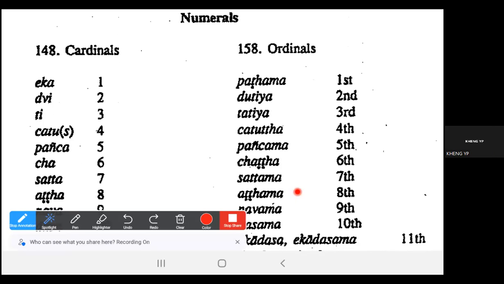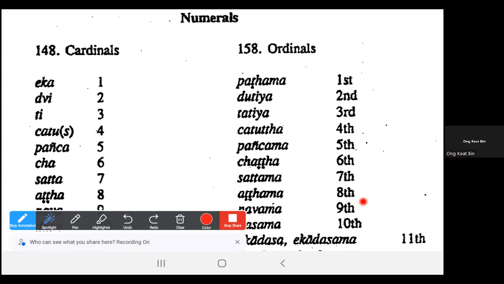Dhammam saranam gacchami. Number 6. Paṭhamampi Dhammam saranam gacchami. Number 7. Satāmampi Dhammam saranam gacchami. Number 8.